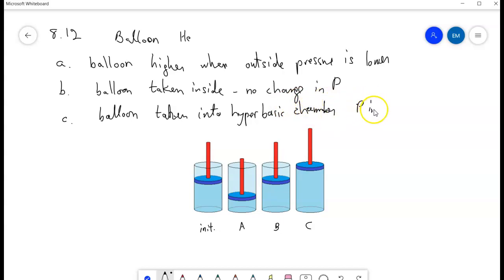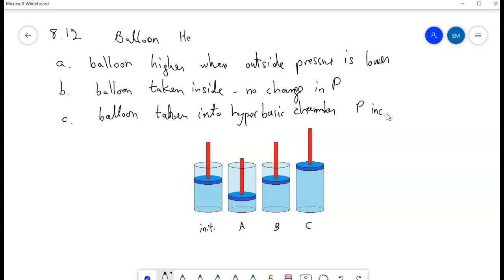Pressure increases, all right, goes up. Sometimes people say INC, it doesn't mean incorporated. In situations like this, it means increases.